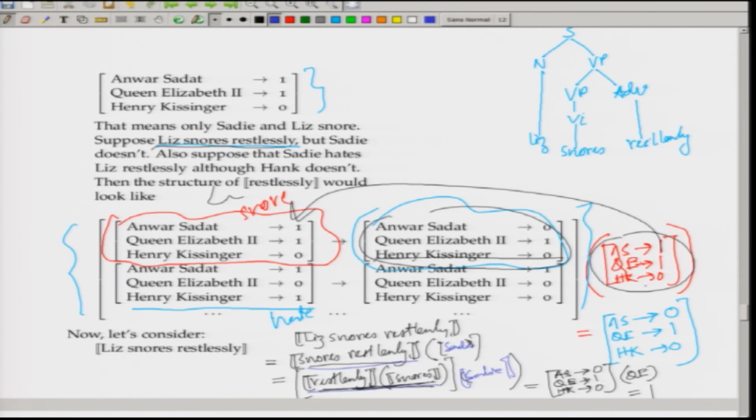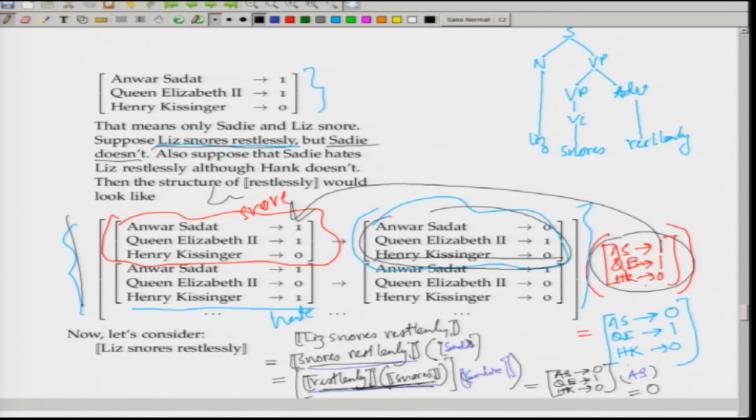So this function will come. After that, instead of this, we would just have Sadie, which is AS, and then AS is mapped to 0. So as a result of that, we get 0 here, and that is desired because Sadie does not snore.